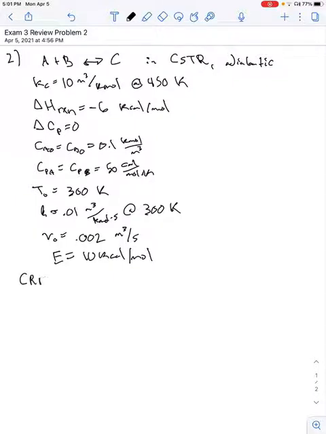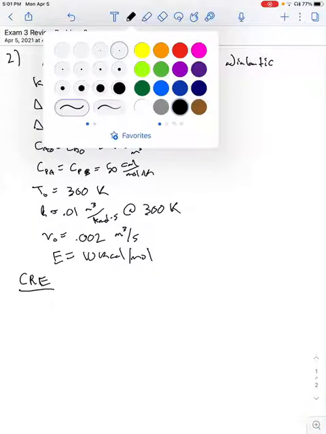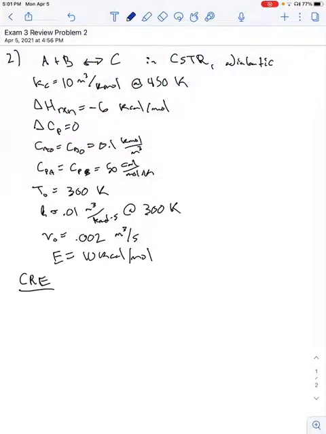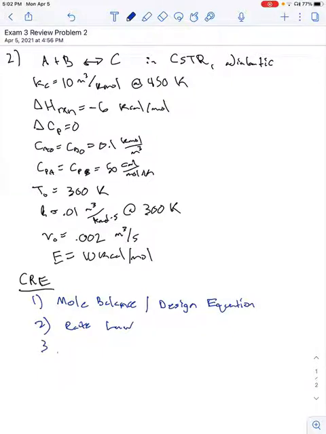this CRE algorithm, just as a review, all it is: one is your mole balance / design equation, two is your rate law, three is your stoichiometric table, and then four is combine, so putting it together for the final equation, and then five is evaluate.